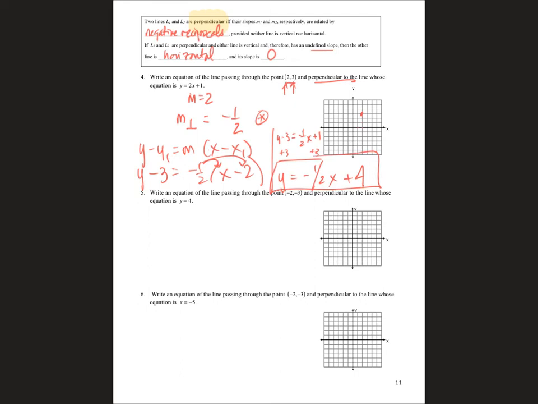What if I want to write the equation of the line passing through this point perpendicular to this line? This line being what type of line? Horizontal. So a line that is perpendicular would be a vertical line with undefined slope. So if it is a vertical line, it's x equals -2.